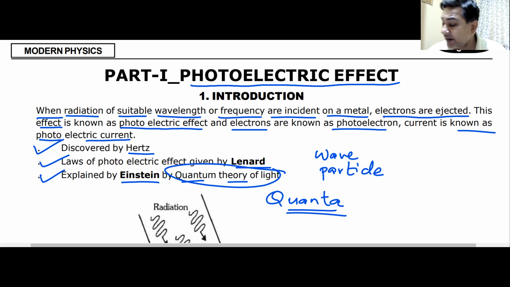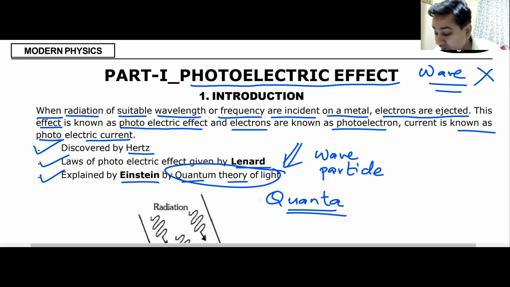Remember, photoelectric effect cannot be explained by wave theory. Please mark my words. Every word that I say will become a question in the exam. Photoelectric effect cannot be explained by wave theory. It can only be explained by particle theory of light. And that particle theory of light was explained by Einstein in the thing known as quantum theory of light.